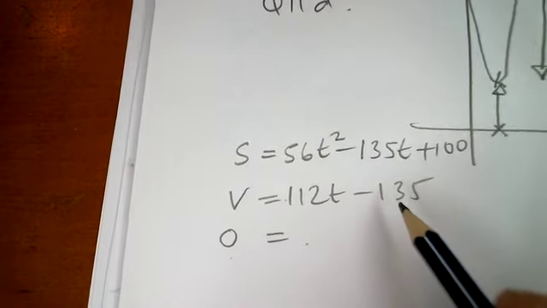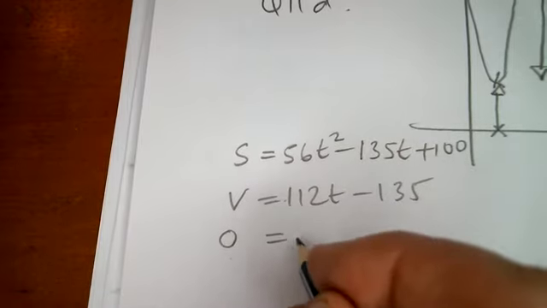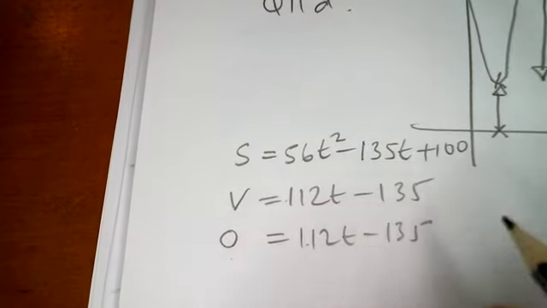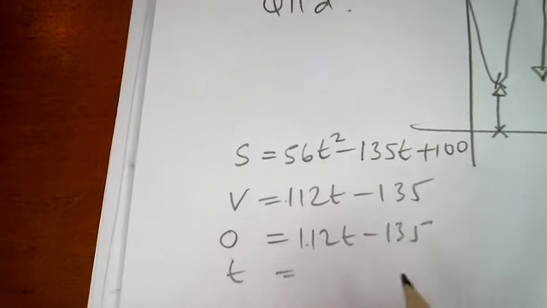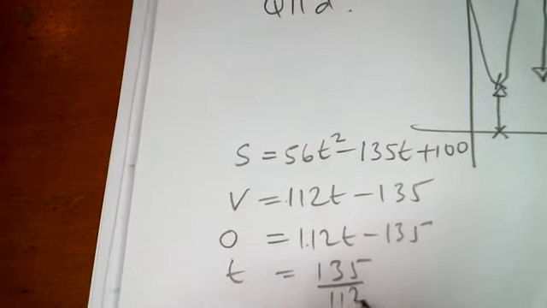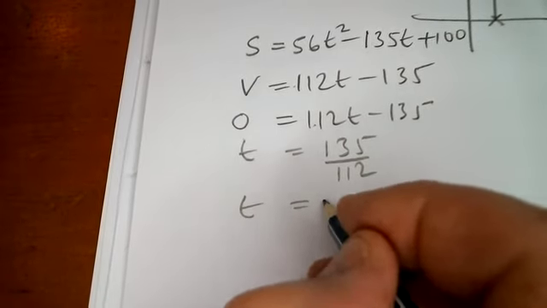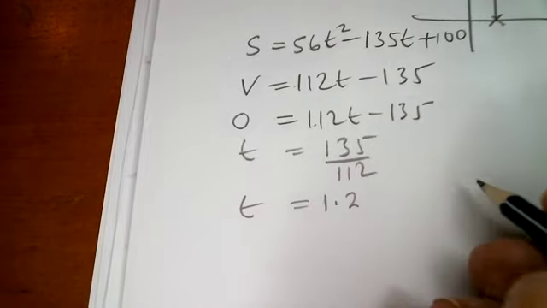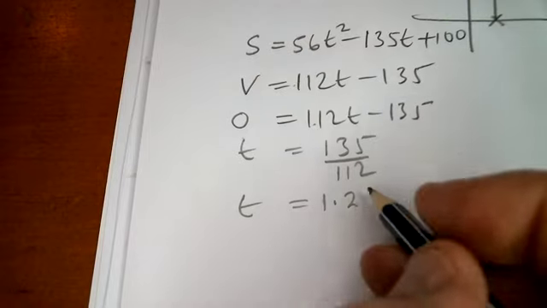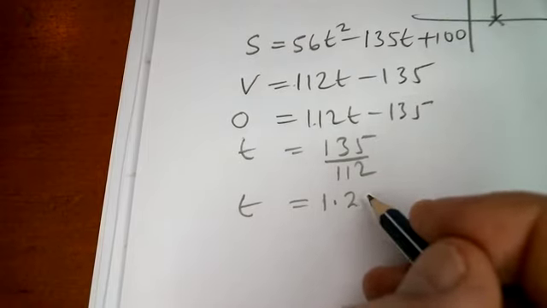Fortunately, we went through and did it before, and we found that 112t minus 135 equals 0, so t was equal to 135 over 112. And therefore t was 1.2 and a whole bunch of stuff. Now, it's very bad practice, generally speaking, to round as you go.